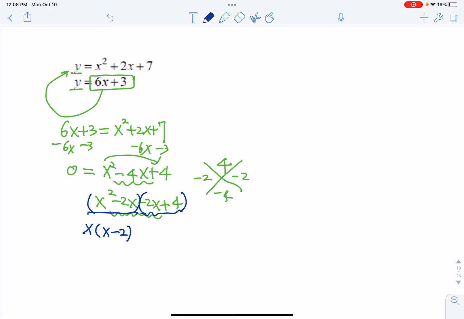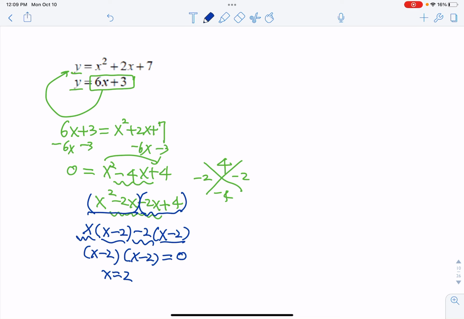And for the second term, the common factor is negative 2, and you change the sign inside, so x minus 2 is a common factor. Again, you can take it out and write down the leftover things together as x minus 2 times x minus 2 equals 0, so x will be 2.